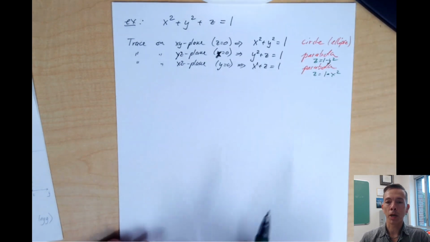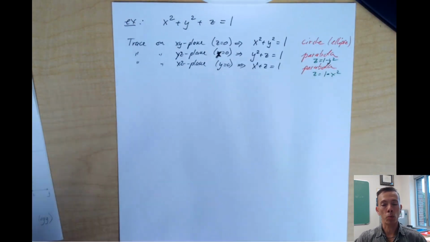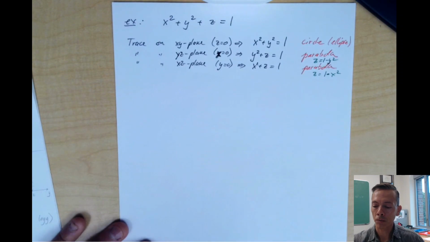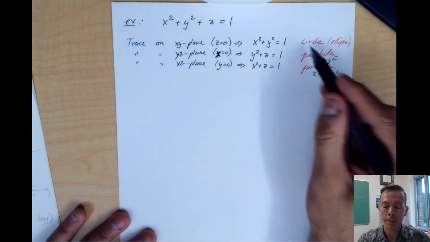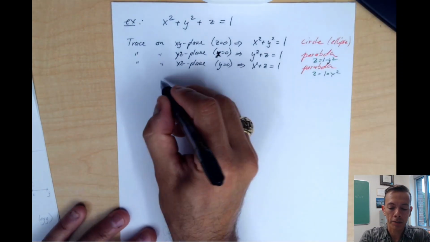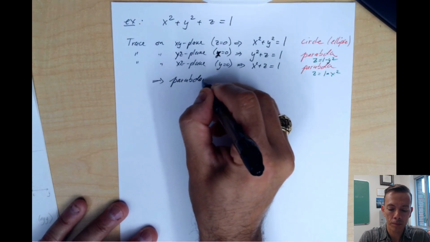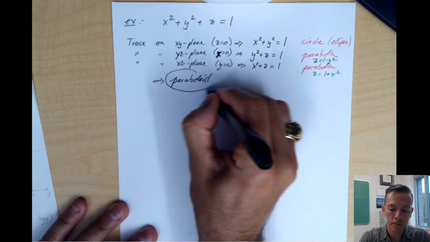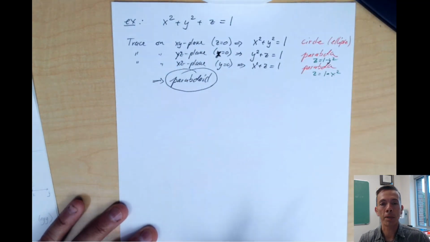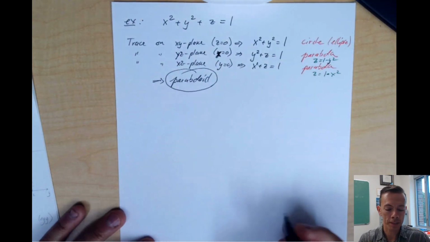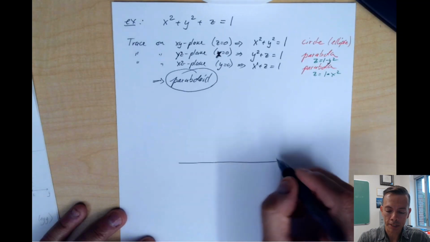So you see both parabolas have the same orientation, they open downwards. The fact that you have two parabolas and an ellipse identifies this as a paraboloid, and the fact that the two parabolas have the same orientation confirms this. So now let's try to sketch this paraboloid.